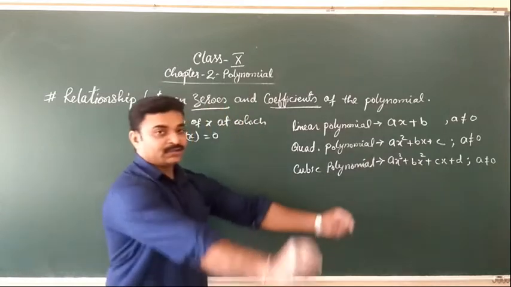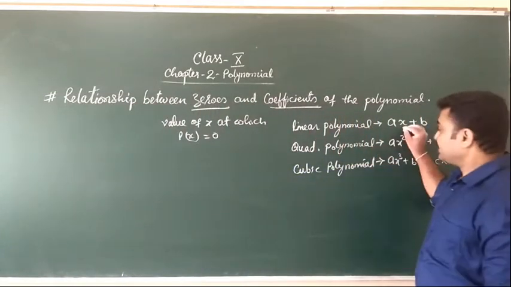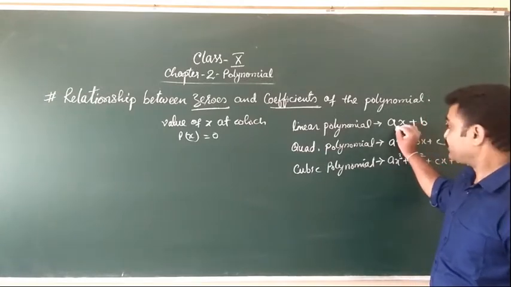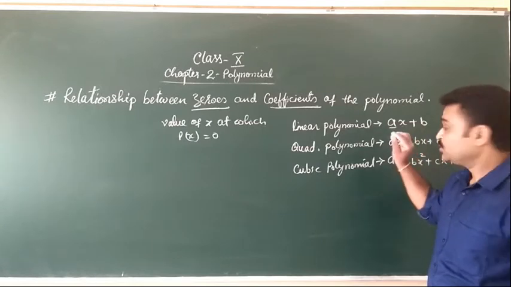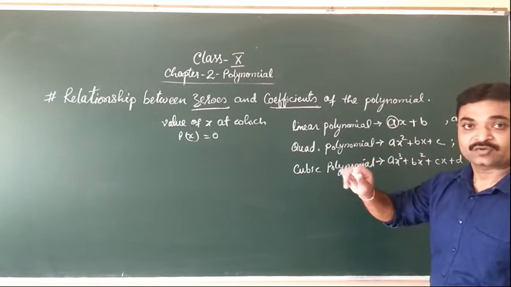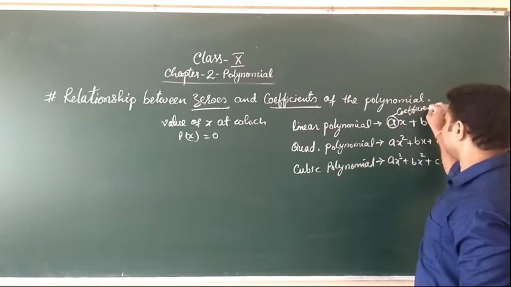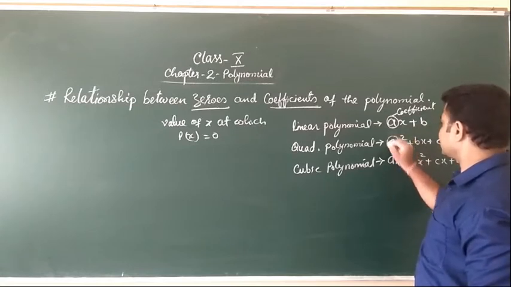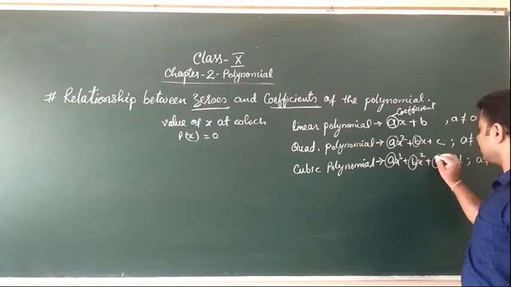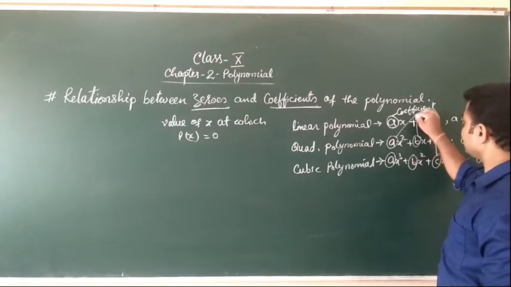See students, here x is the variable multiplied by a constant, so this part is the coefficient. Here this a, this b, this c, all are the coefficients.